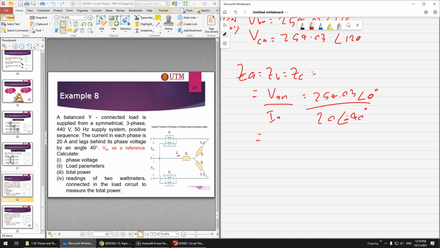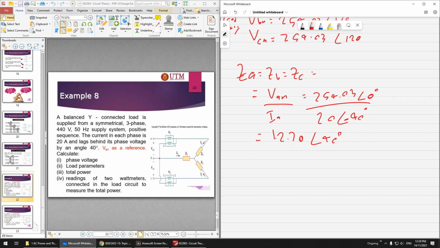Okay, divided by 20, negative 40. So you get the current is 12.70, angle 40 degree. So you get the parameter is this one.